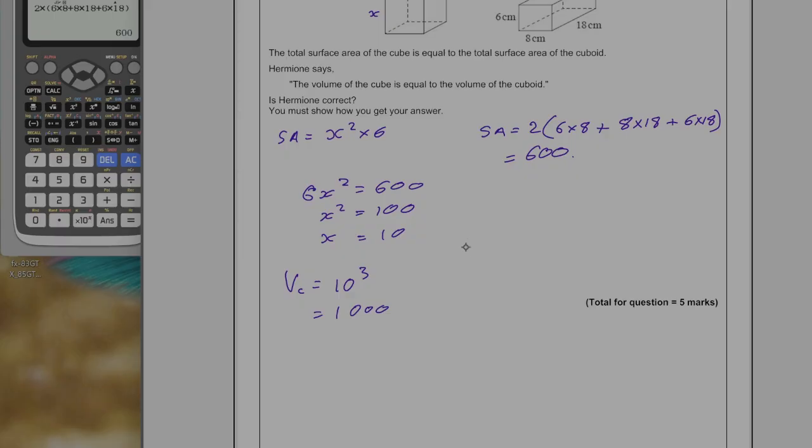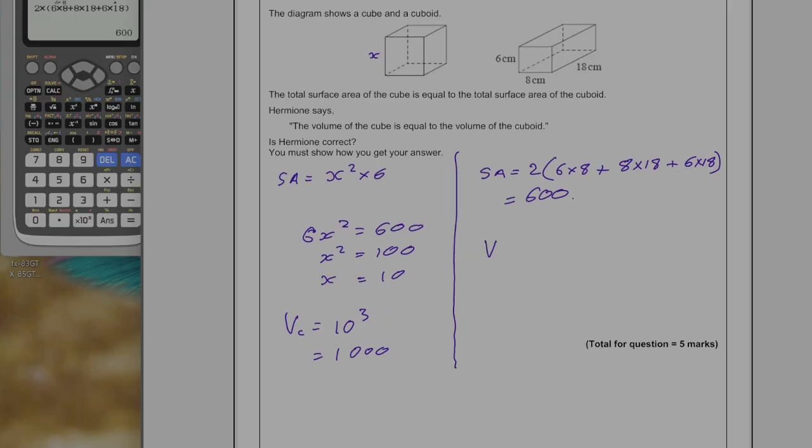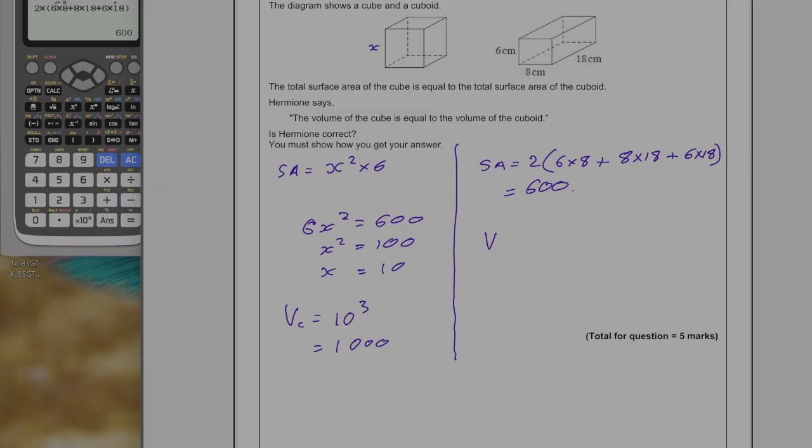And then the volume of the cuboid. I'm just going to change this and call them shape A and shape B. So the volume of shape A is 1,000.